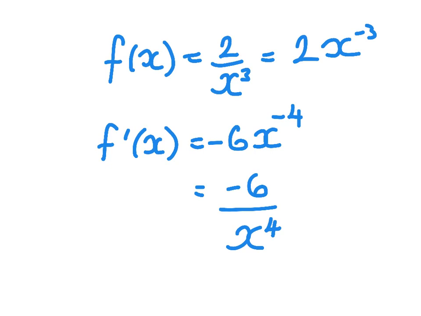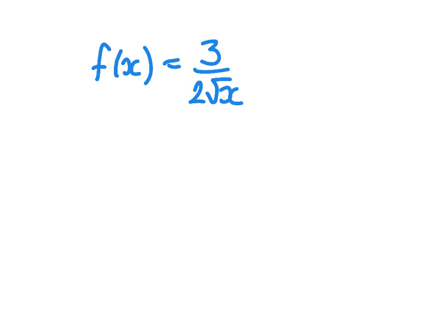Okay, your last example, which is now on page 4. Again, they've used Leibniz notation, but I'm going to stick to function notation for the moment. It's 3 over 2 root x. Now, this function has two things that we need to address before we differentiate.